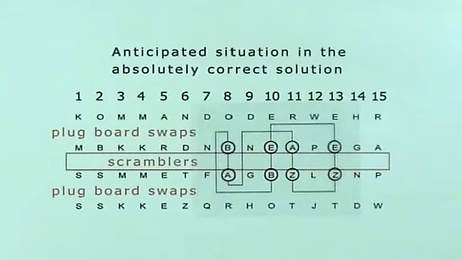These are the letters that are on the scramblers. You can clearly see that there are now different letters within the loop. But you can also see that the same loop can be created with these completely different letters.